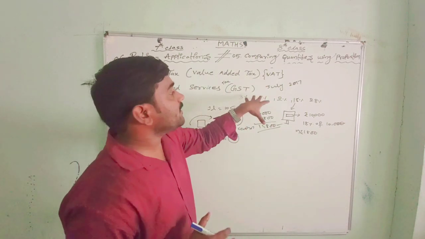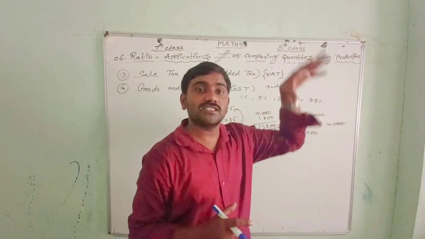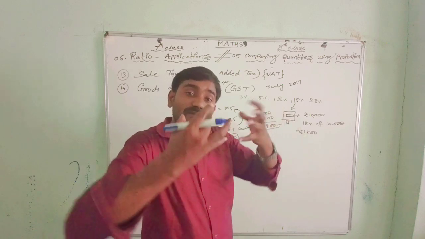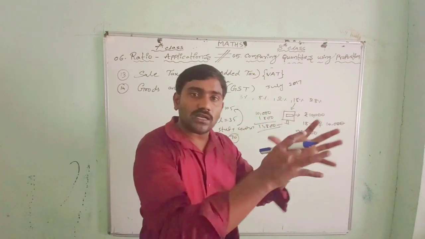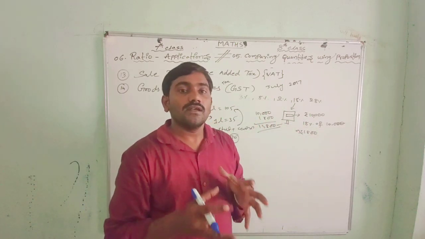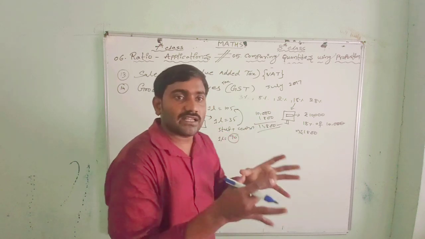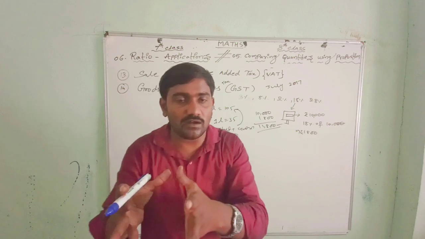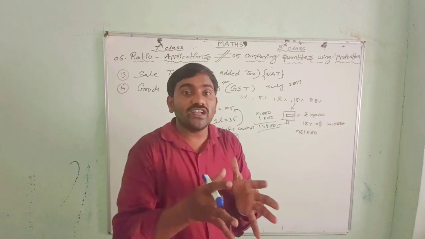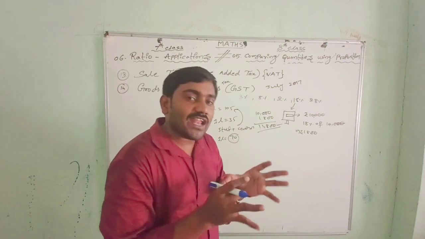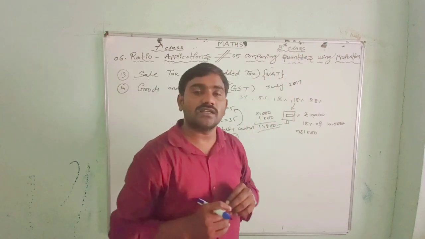GST will be allotted by the central government. The amount collected from GST will go to the central government or the state government. Suppose in Telangana they have collected 1 crore rupees from GST. Then 50 lakhs will be given to Telangana state and 50 lakhs will be given to the central government.